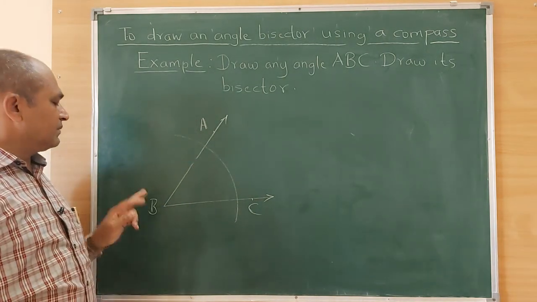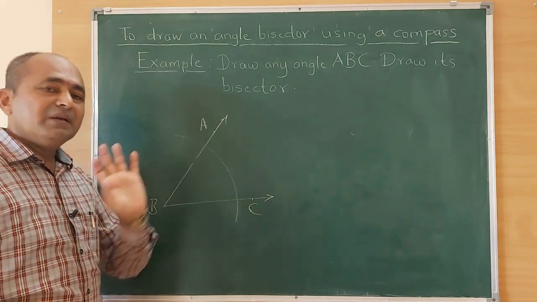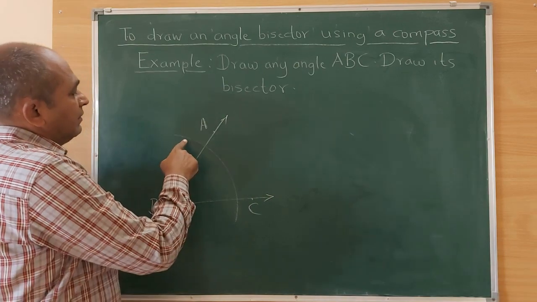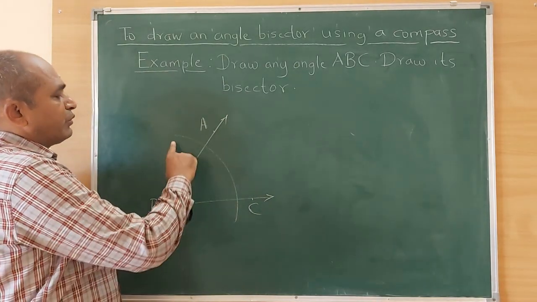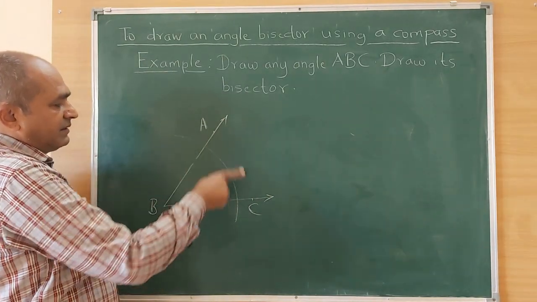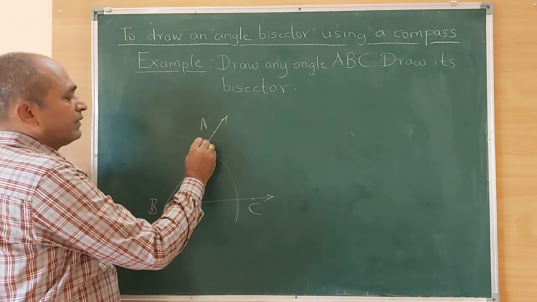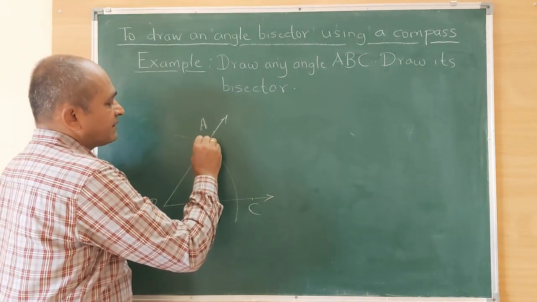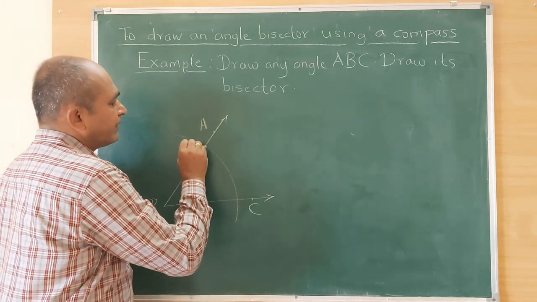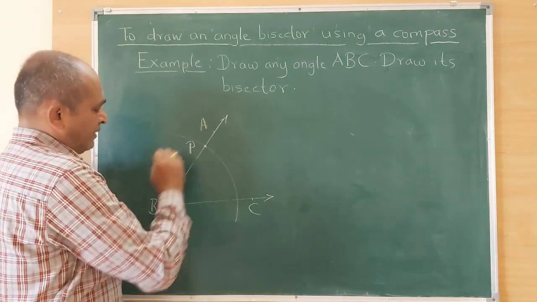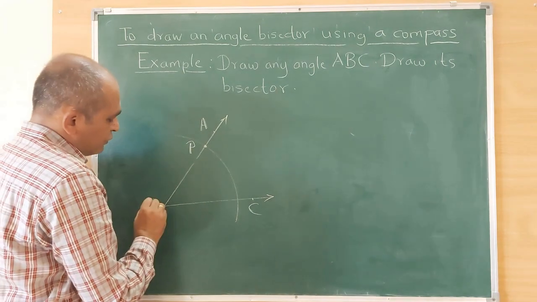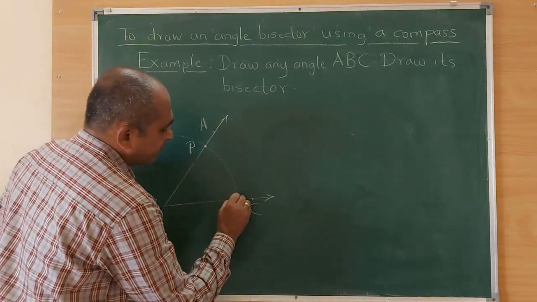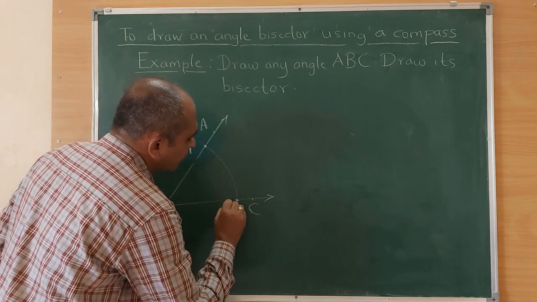Both the arms means arm BA and arm BC. Now here I got two intersection points, means this arc has cut both the arms. Arm BA, wherever it has cut, I will name this point as point P. And this arc also has cut the arm BC.